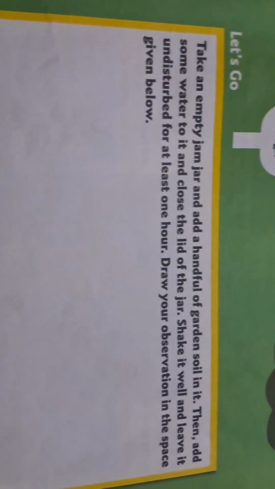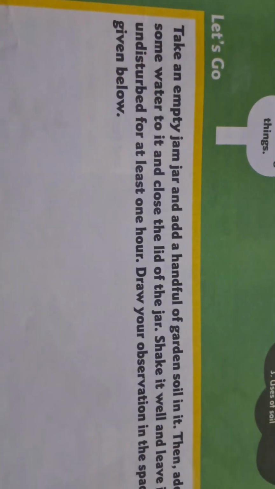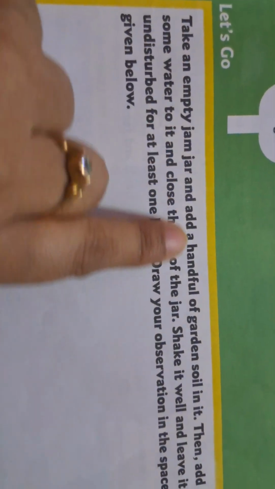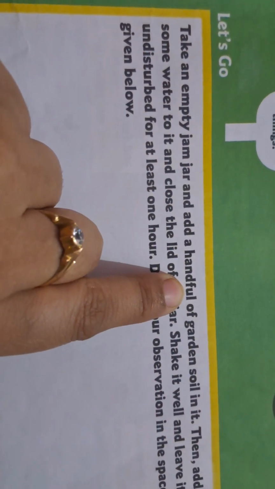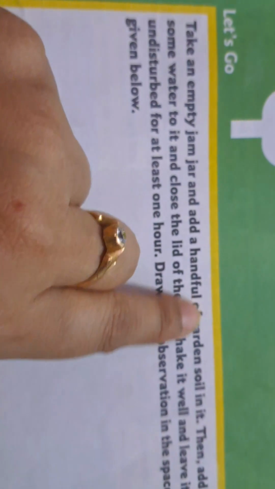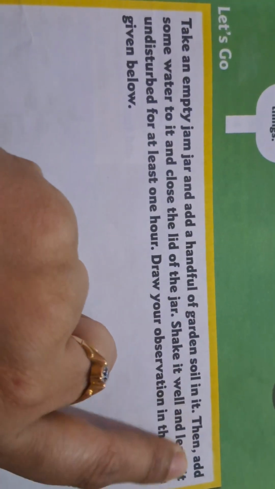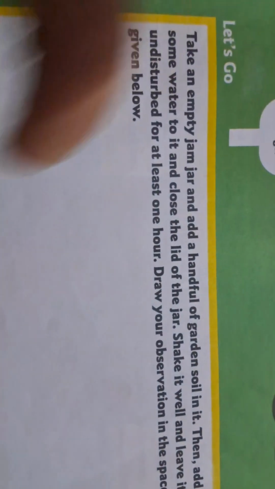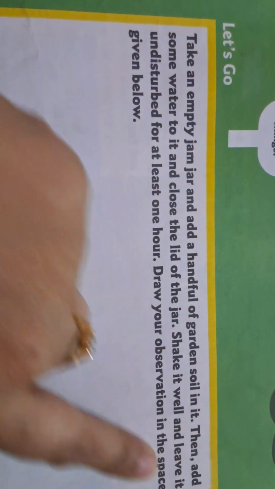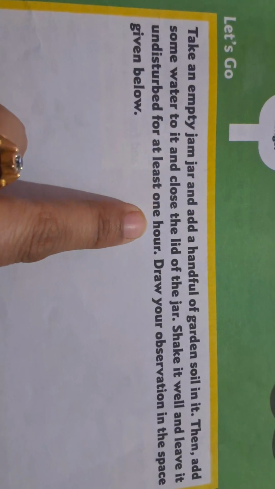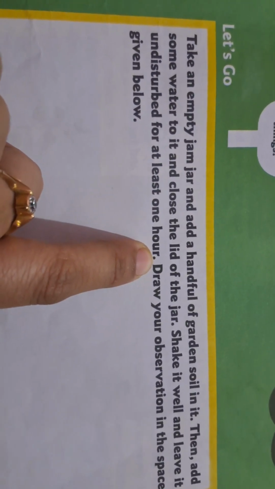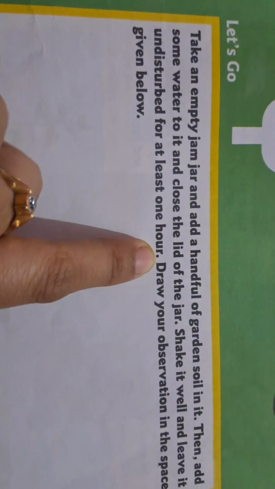The question is, take out any one jar and take a handful of soil in it. Then add some water to it, close the lid and shake it. Leave it undisturbed for at least 1 hour. So what will you observe?